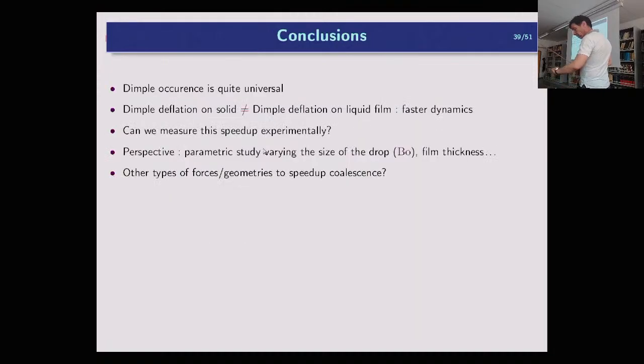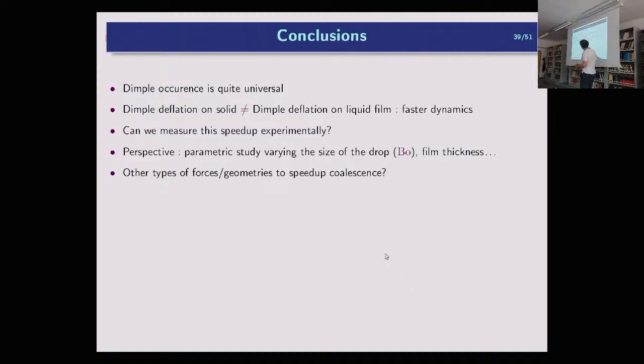I'm going to talk about open questions that I'm interested in now. But before that, to conclude on these two problems, it seems that the dimple occurrence is quite universal, even if the origin of the dimple can be very different, from inertia to gravity drainage.